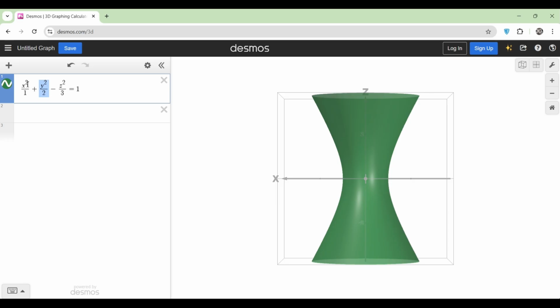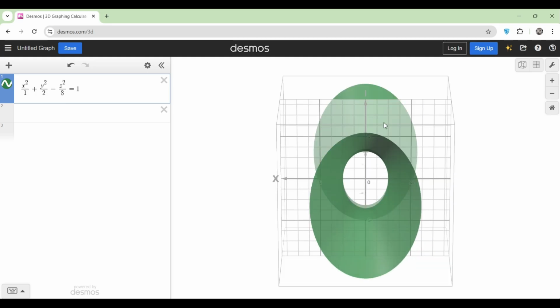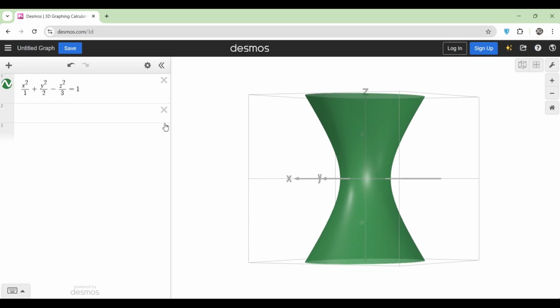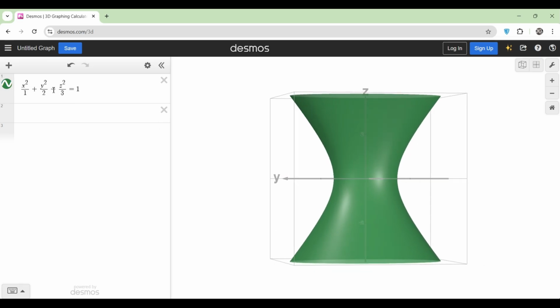There's no Y here, so it's going to be X squared minus Z squared. Much like the YZ trace, this is going to look like a hyperbola too. So this is why it's called a hyperboloid of one sheet, because there's only one sheet. Well, actually, one sheet is because it's just one object. There's no cuts in between here. You're going to see that in the hyperboloid of two sheets.